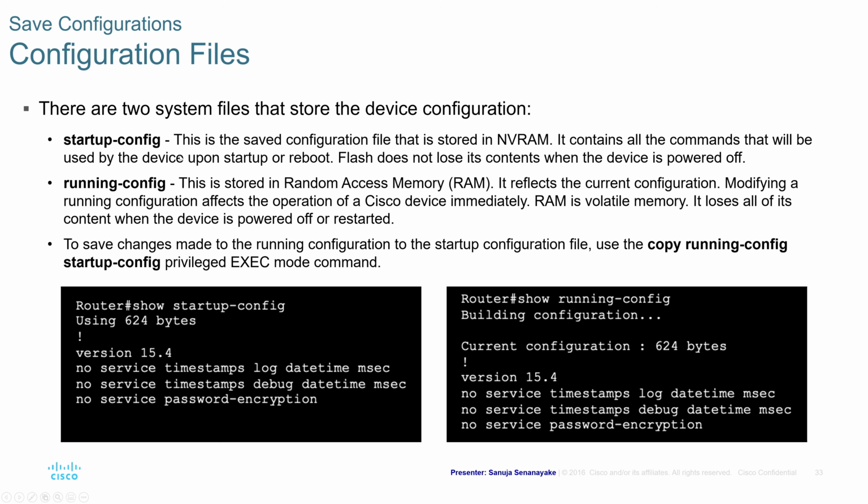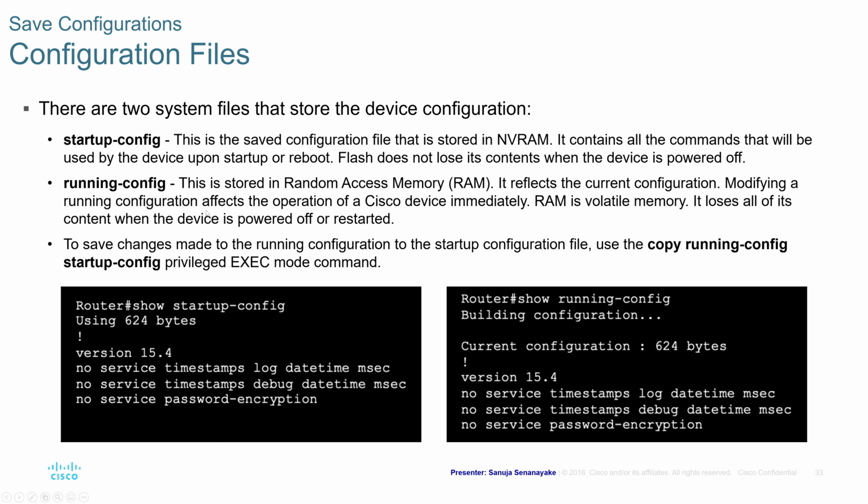The startup config is the saved configuration file that is stored in NVRAM, and it contains all the commands that will be used by the device upon startup or reboot. NVRAM does not lose its contents when the device is powered off. In other words, that is where the permanent data is stored.